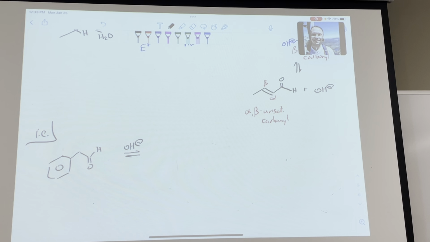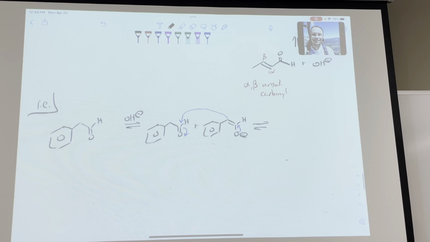So that will allow for the deprotonation of some of the compounds. So that's what we would end up with in the flask, where you have some enolate and some carbonyl, some nucleophile and some electrophile. And then the nucleophile would attack. And maybe I'll color code it again.